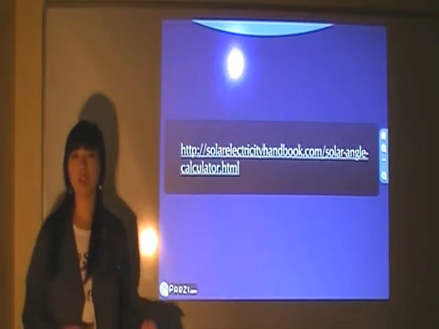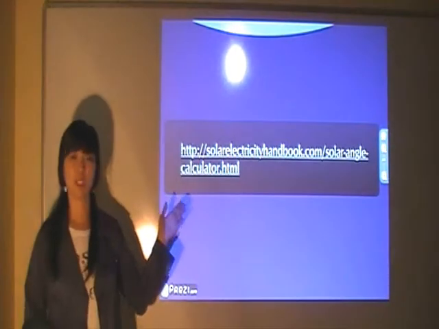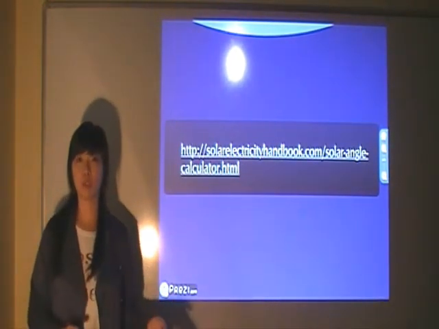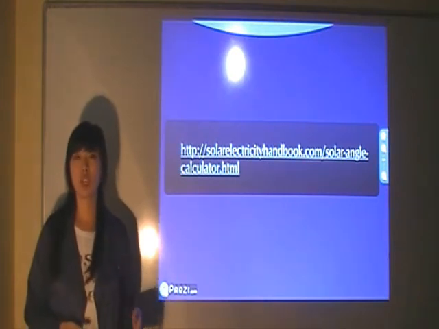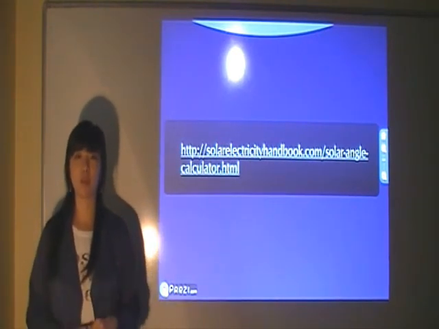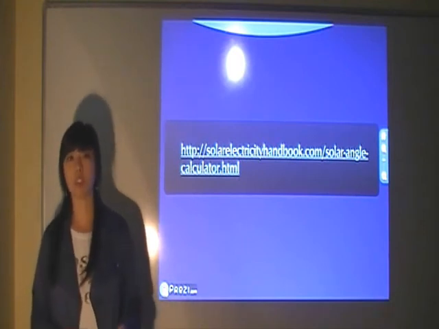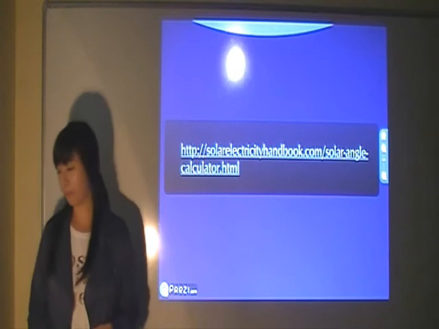We can calculate the angle on this website, or you can calculate it by yourself if you know your latitude. You can just add 15 degrees to or subtract it from your latitude in winter or summer, respectively.